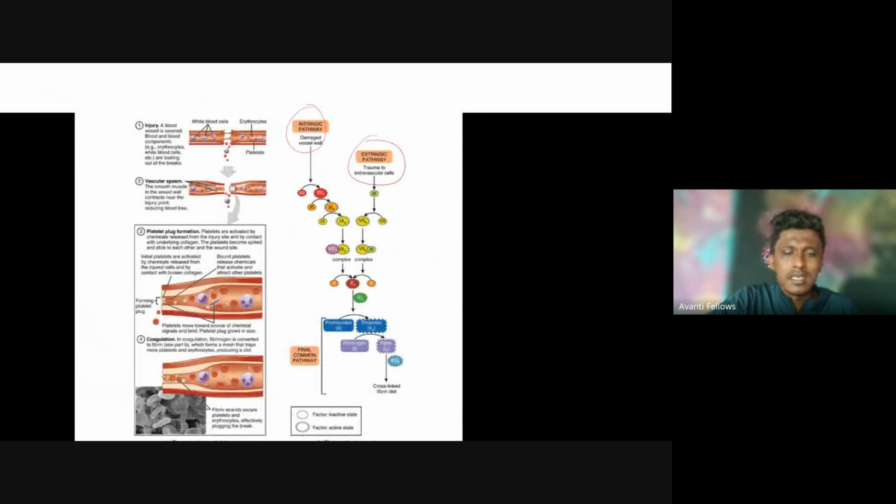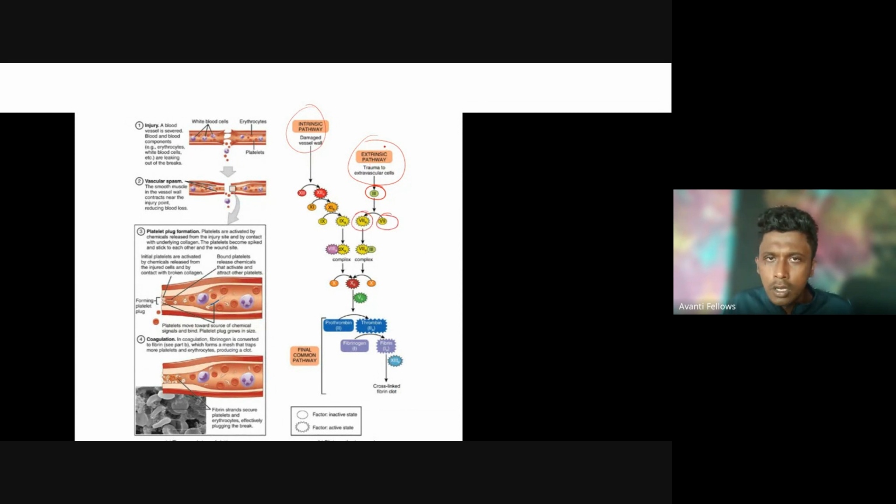So let's talk about the extrinsic pathway. What happens once your blood is exposed to these extravascular layers, or once the blood vessels are ruptured? That will activate factor 3. Factor 3 will activate inactive factor 7 to active factor 7a.